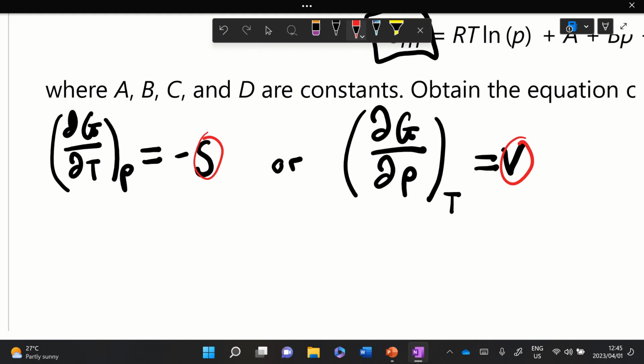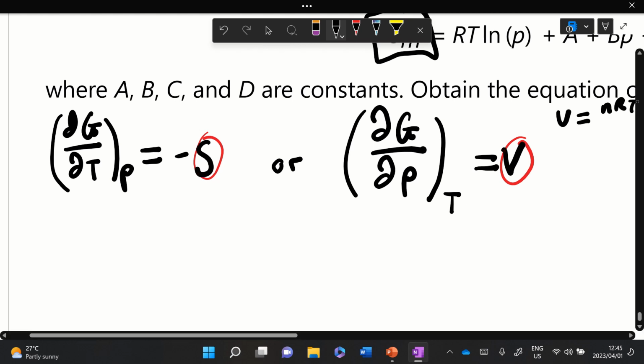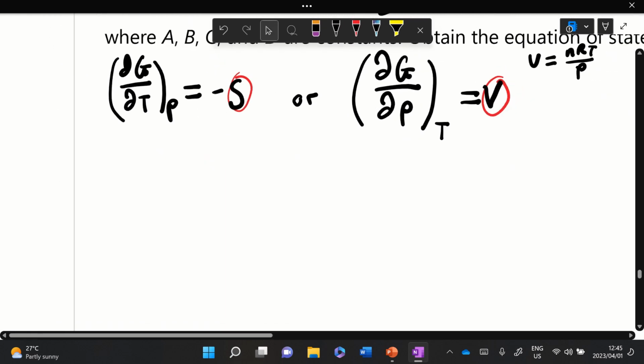Just like PV is equal to nRT, for a perfect gas you can write V is equal to nRT over P. Just like you can write that, we can have now a way to write V is equal to something for this gas, and that's essentially where we want to end up.